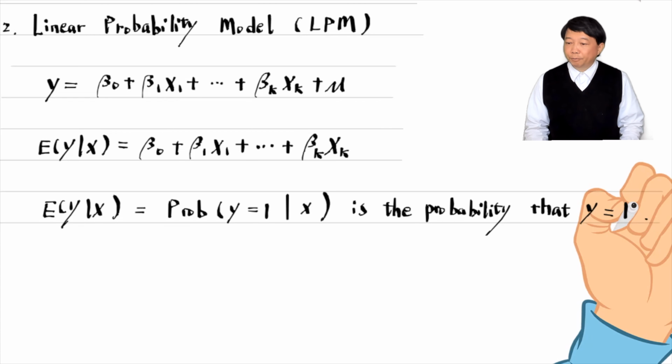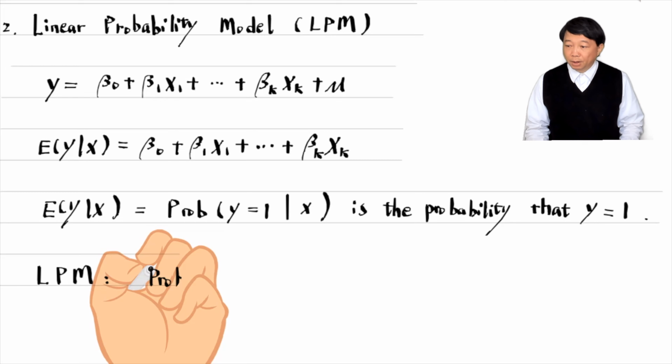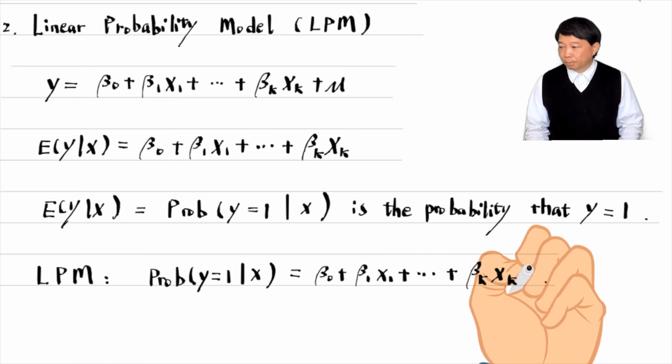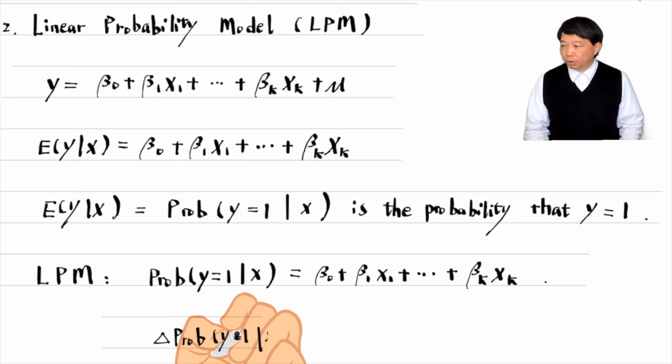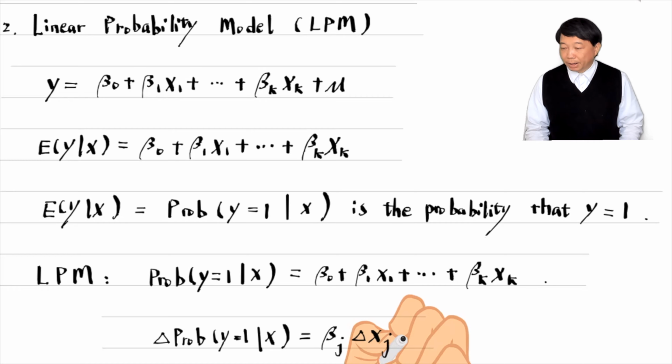So we have the linear probability model. It says the probability of success is a linear function of x. The coefficient beta j measures the change in the probability of success when xj changes by 1 unit, holding other factors fixed.